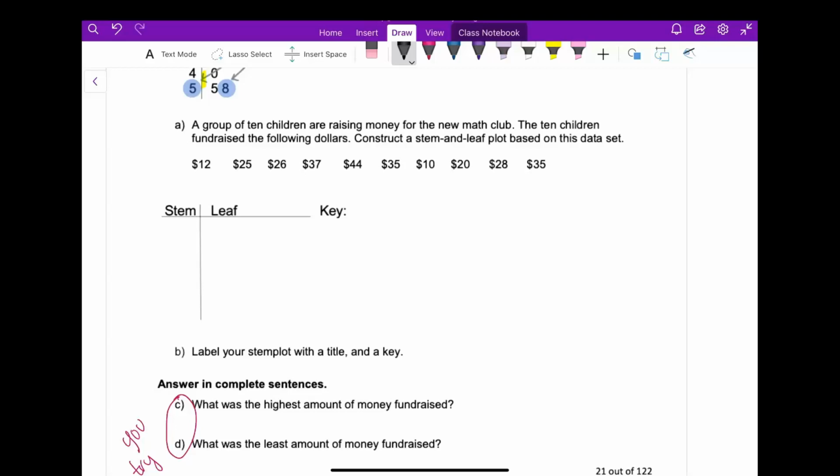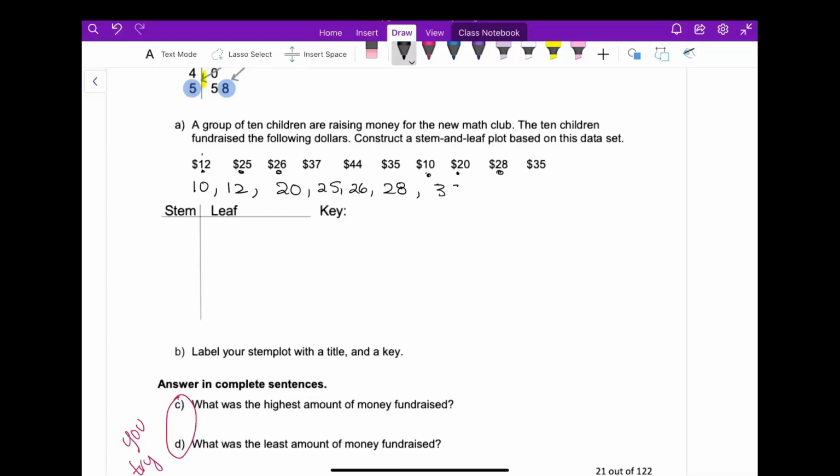So for example, the smallest value I see is 10, so I'm going to go 10, 12. Then I see 20, 25, 26, 28. Next are the 30s.